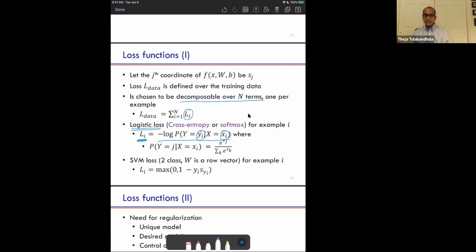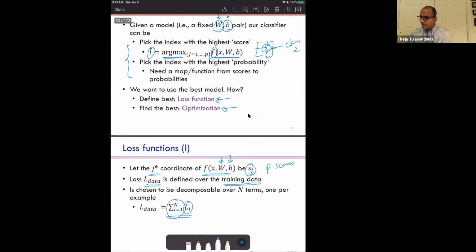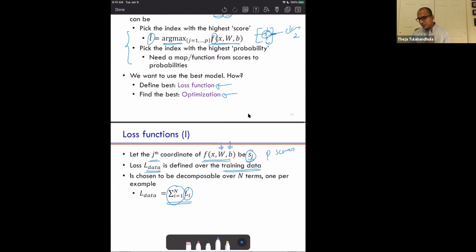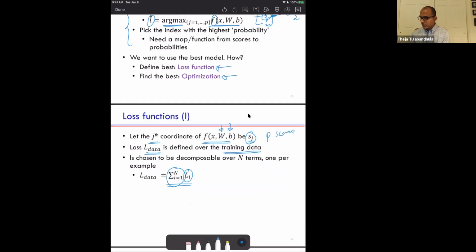Remember, in my training data, I have Xi's and I have Yi's. For a given W and b, I produce a bunch of scores. From those scores, let's say in this example, the score for the second coordinate is the highest. It means that the probability that I'm predicting class 2 is high, in a very crude sense.